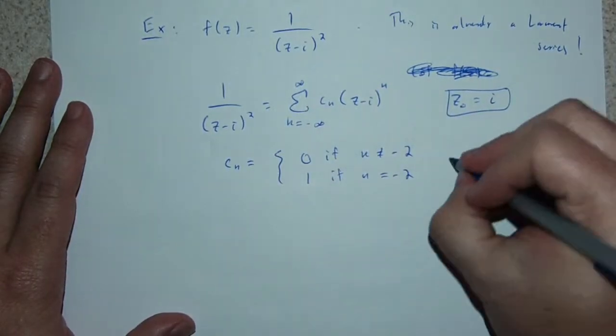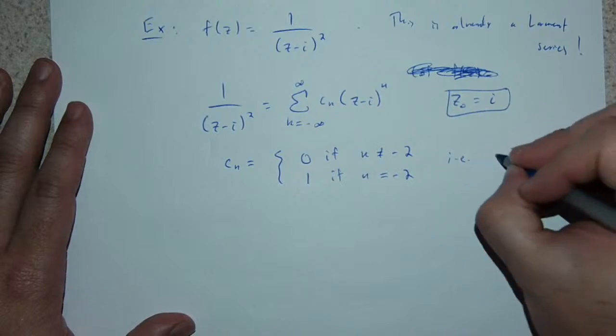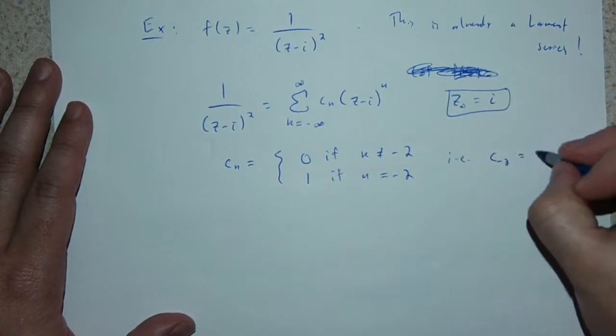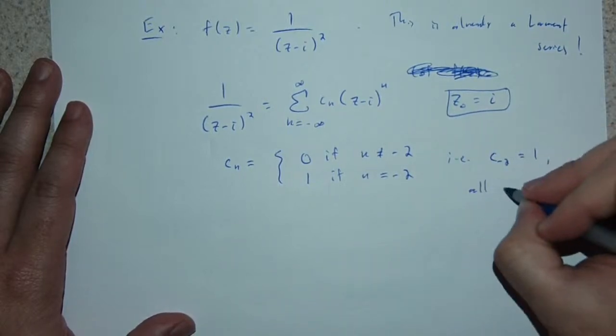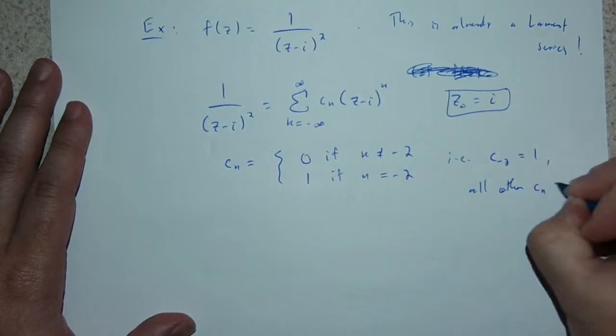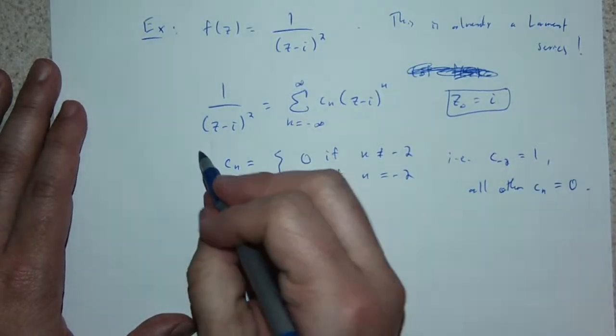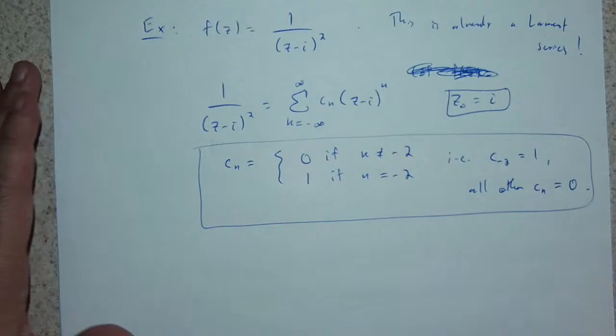That is, c sub minus 2 is equal to 1, and all other c sub n are equal to 0. That's just me writing this out.